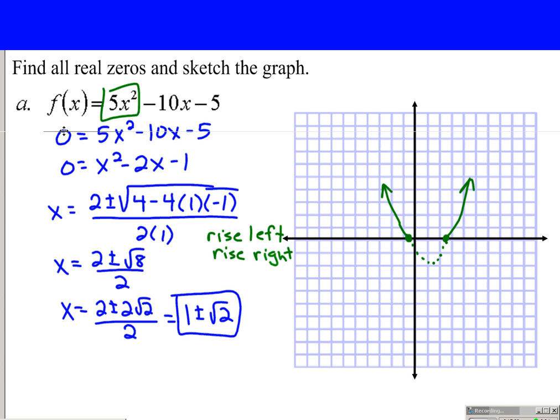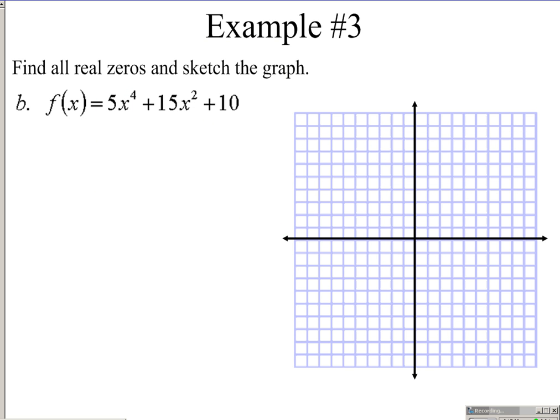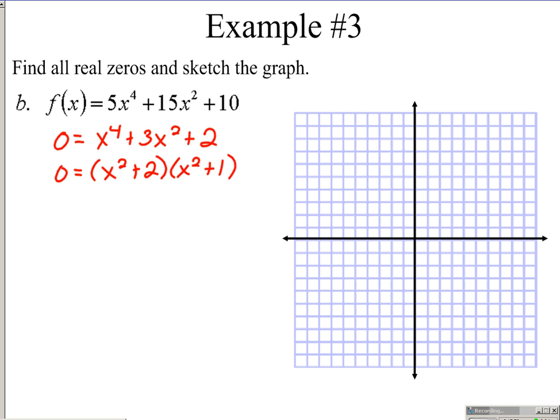Last one here. Plug in 0 again for y. Notice once again we can divide everything by 5, so the numbers are a little bit easier to work with. Leaves us with x to the 4th plus 3x squared plus 2. This is factorable. X squared plus 2, x squared plus 1.